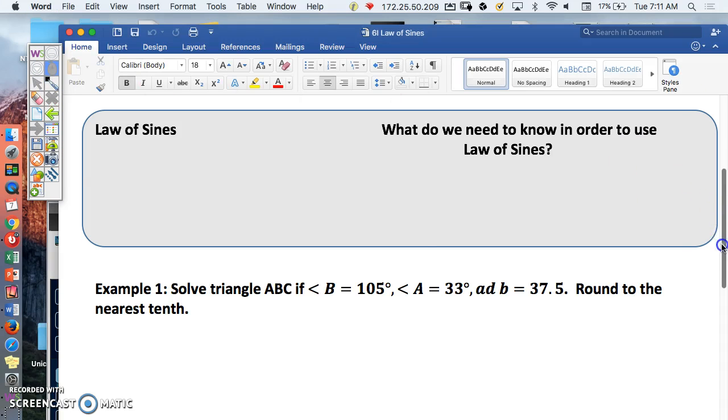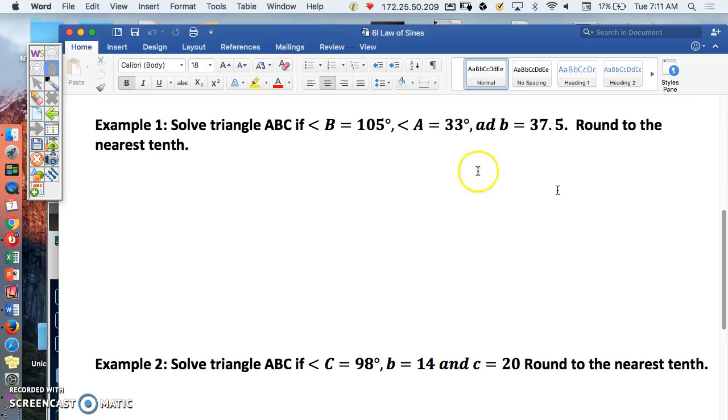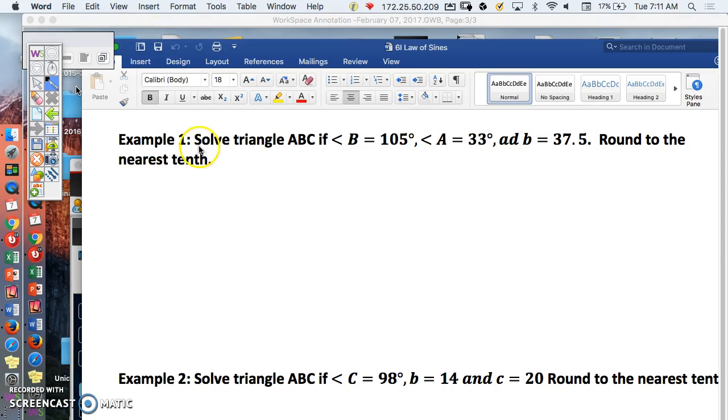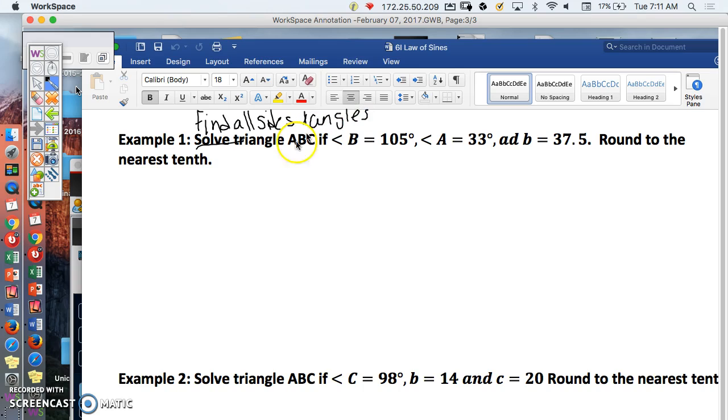So, we're going to take a look at this first one here. This first one is solve the triangle, and solve means find all sides and angles. So if we have triangle ABC, and again, capital letters are our angles, small letters are our sides. So angle B is 105, so 105 is in here.